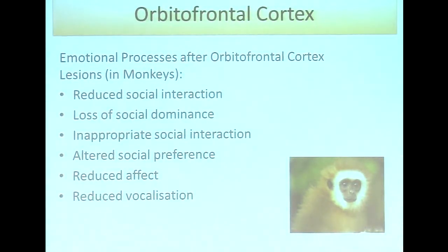Of course, the orbitofrontal cortex, you know the orbitofrontal cortex is the part just above your nose, the bottom part. If you think orbits, you think eyes, just above the eyes here. The orbitofrontal cortex, obviously in the front, also has a lot to do with emotions. And if you look at monkeys who have lesions in that area, you'll find that they'll have reduced social interaction.